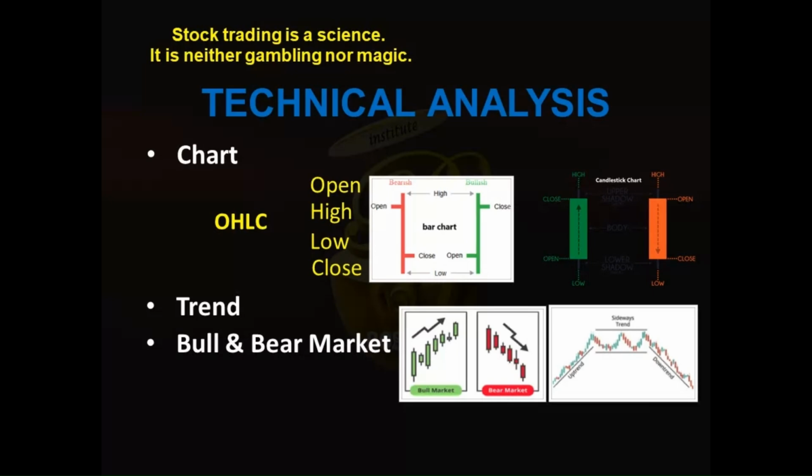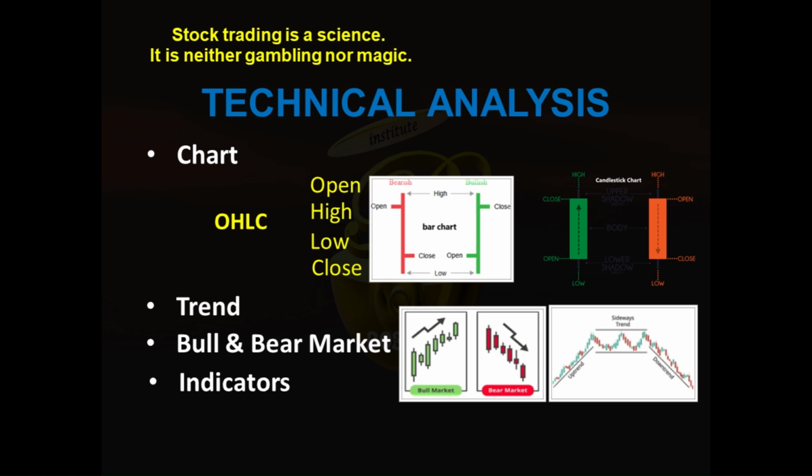Now I'll tell you briefly about technical indicators. In stock trading, a technical indicator is a mathematical calculation based on historical price, volumes, and other data. These indicators are normally used to forecast price movements, and also to understand historical price movements, and that helps traders make informed decisions.